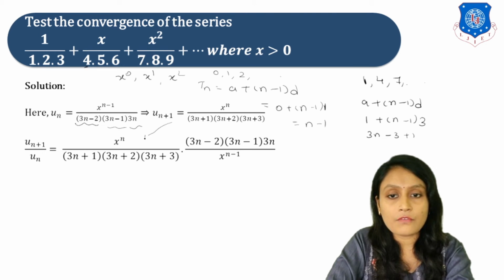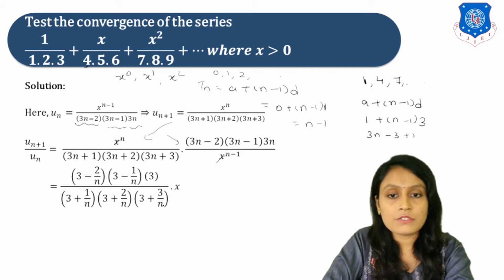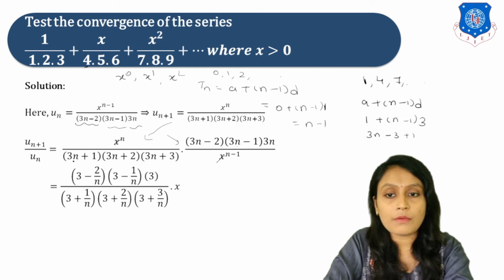Here we have to reverse the un. This x raised to n will get cancelled, so here we have x raised to minus 1 which will come in numerator, so here we have x. Take n common from this, so this will give you n cube which will get cancelled with the denominator from this 3n, and what remains is only this term.